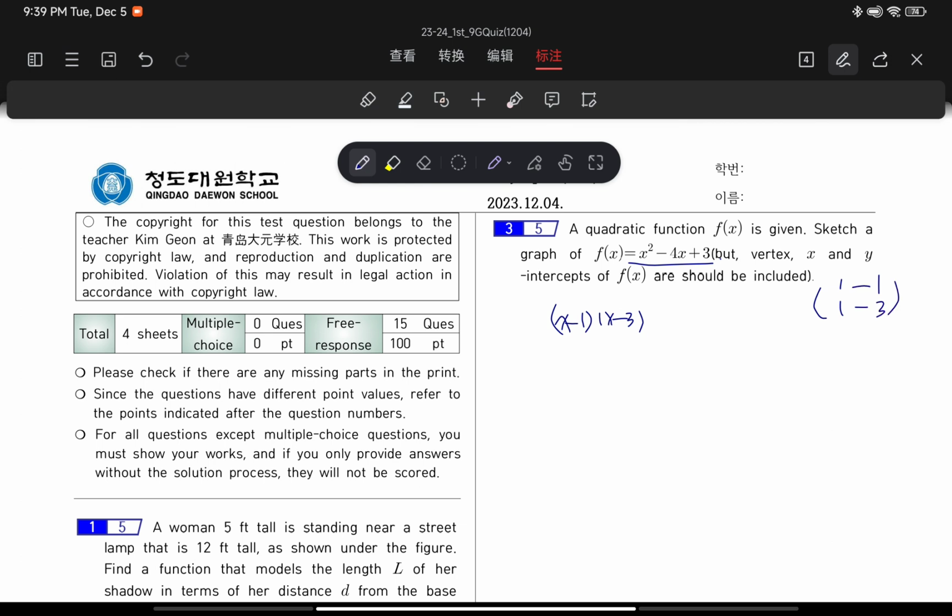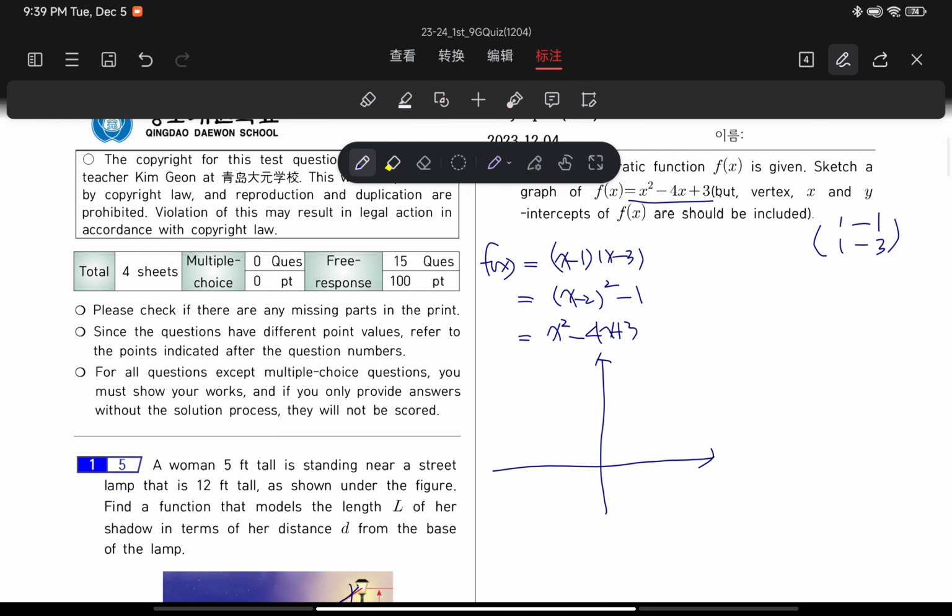So here is f(x), and this needs one more transformation. With a perfect square, it is x minus 2 squared minus 1. And in general form, it is x squared minus 4x plus 3. So we should use the three forms of this quadratic function.